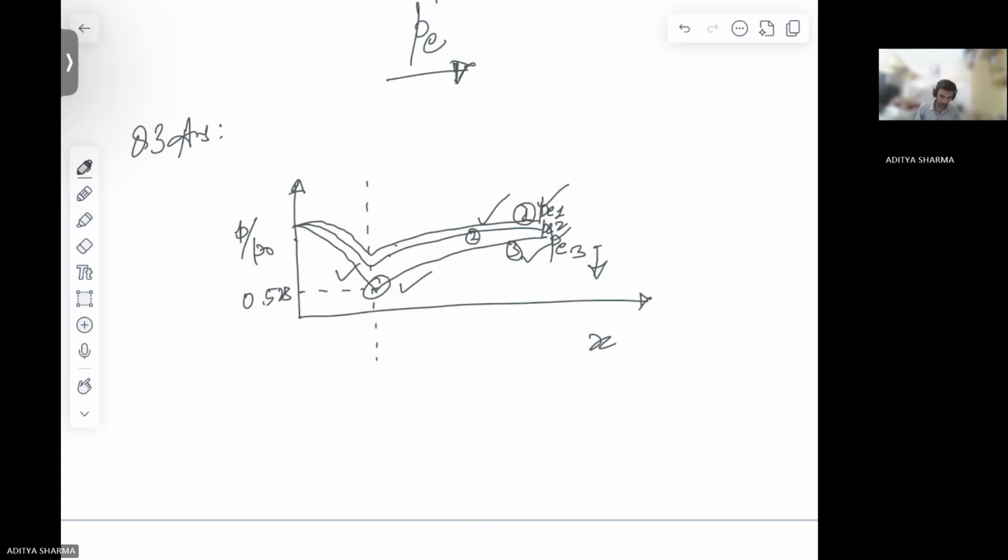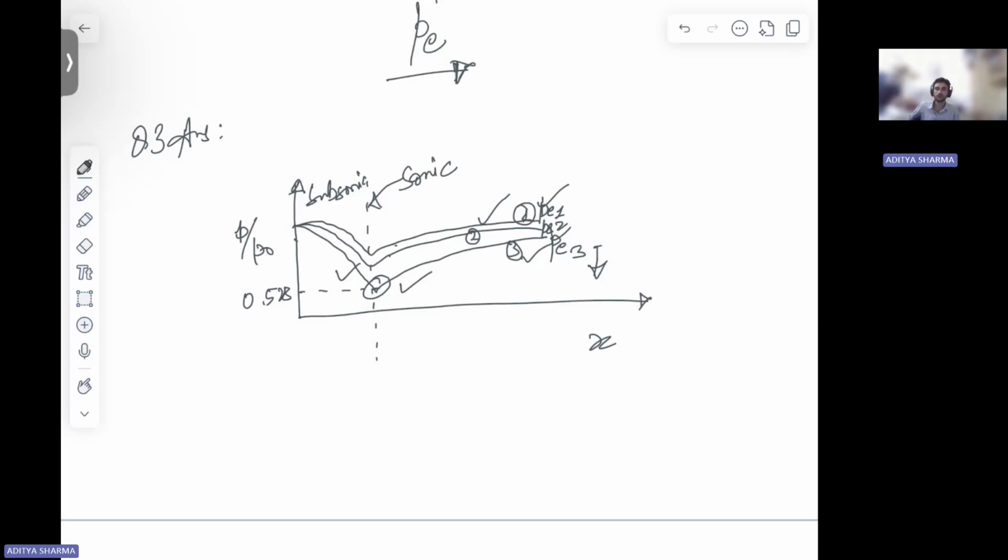This region was subsonic and here it becomes sonic. So is this region going to get affected? The answer to this is no. This region is not going to get affected.